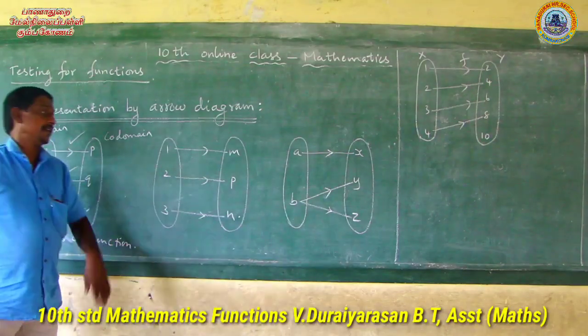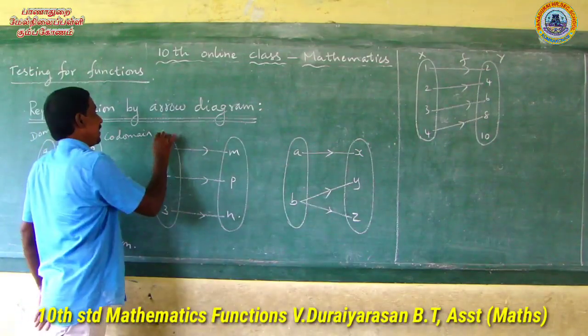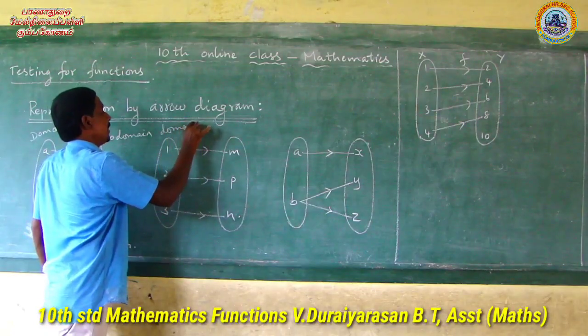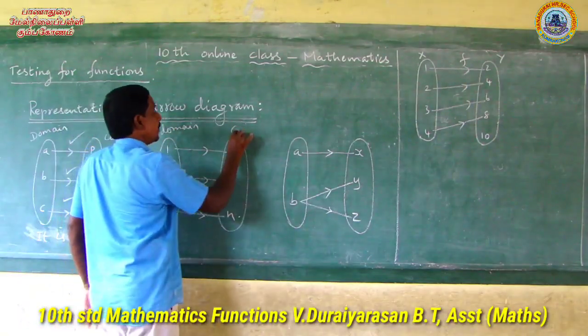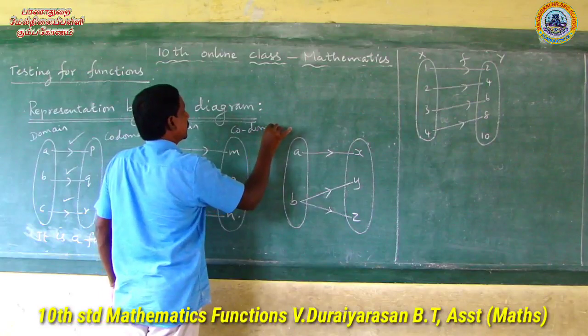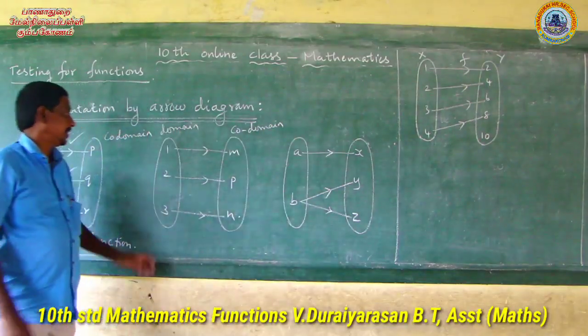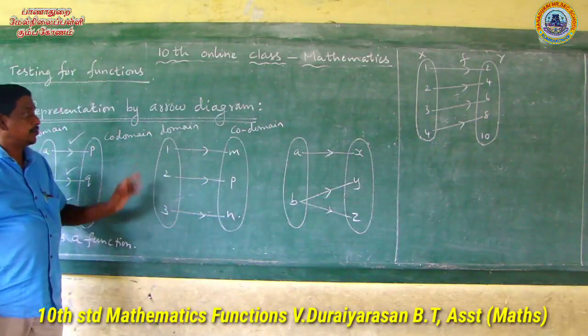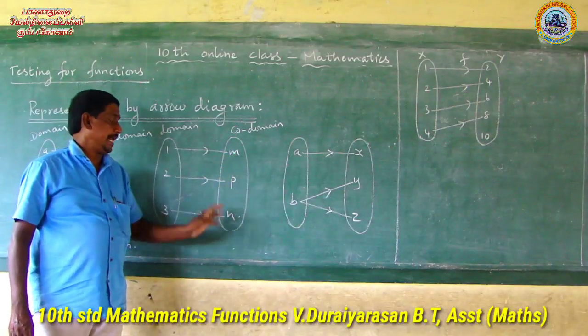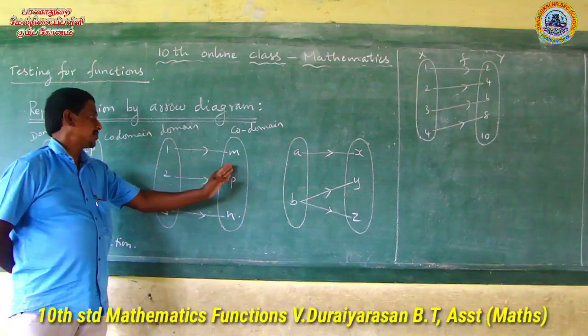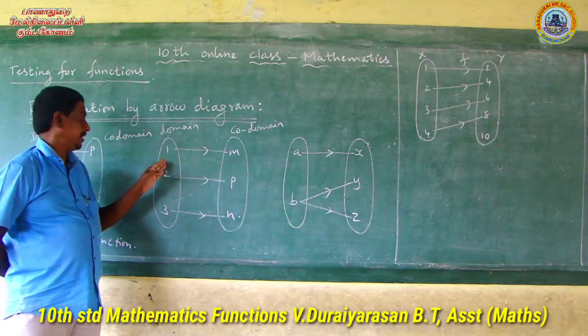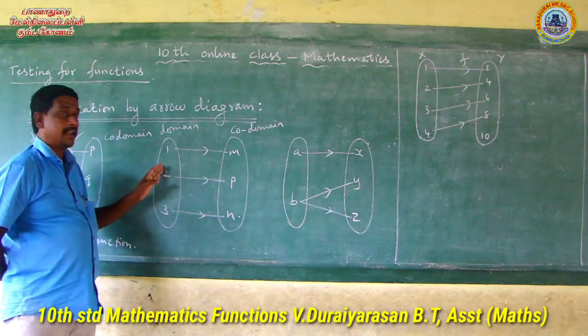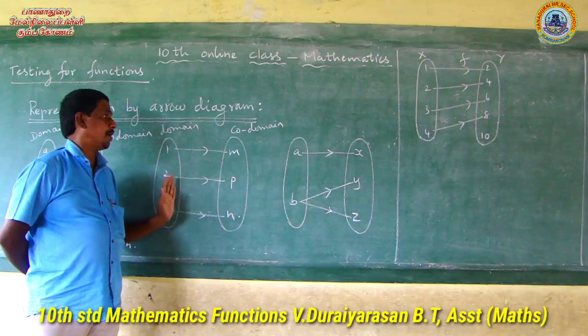Another one. The first set is the domain and the other is the codomain. What are the domain values? 1, 2, 3. Here the codomain is M, P, N. Numerical values and alphabets are connected.